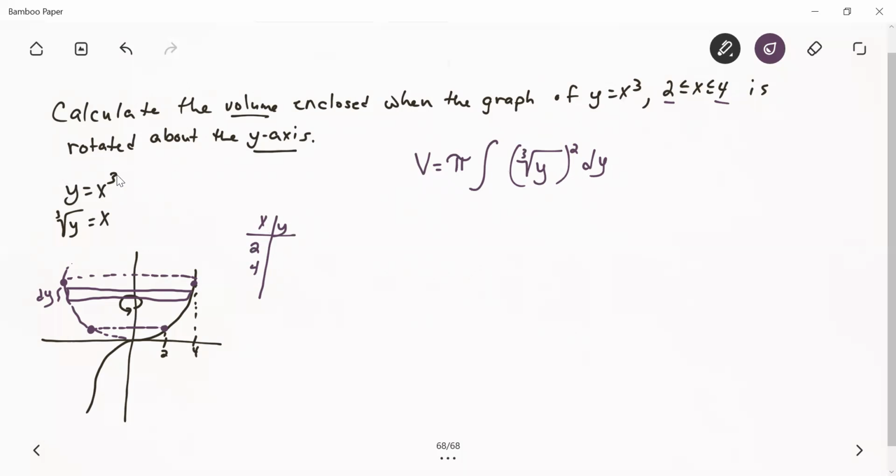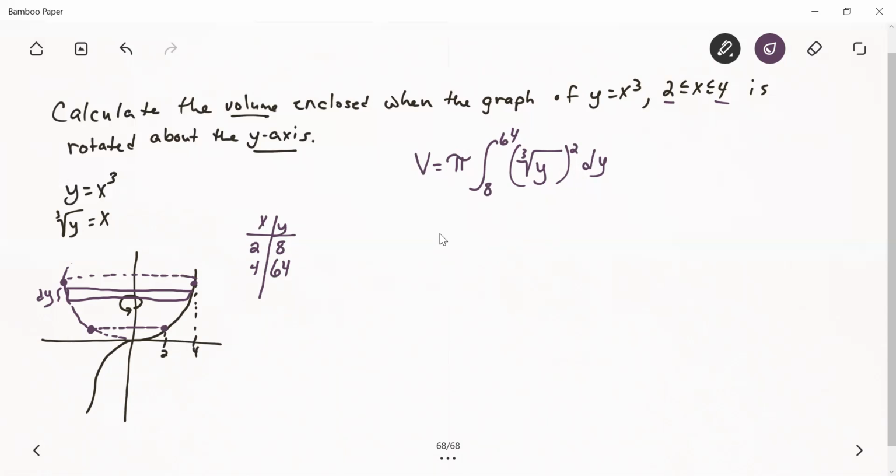When x is 2, 2 cubed is 8. And when x is 4, 4 cubed, that's 4 times 4 times 4, so that's 64. So this is going to be from 8 up to 64. Okay, if you use 2 up to 4, you would be doing across here instead of along here.